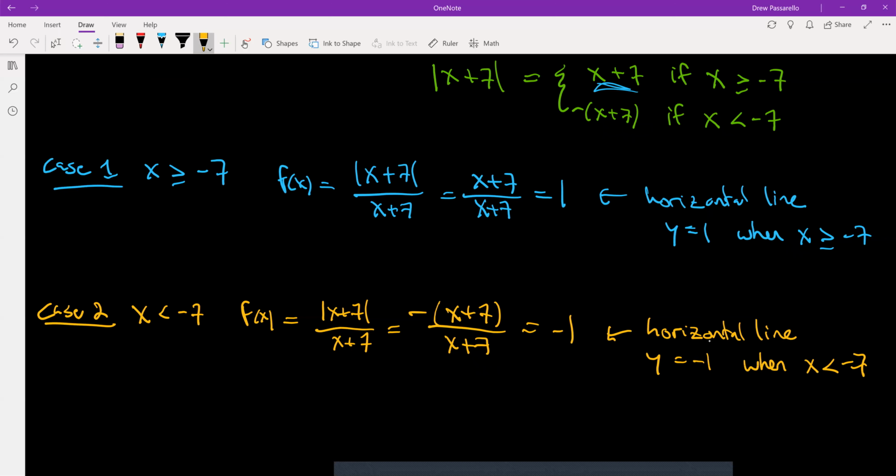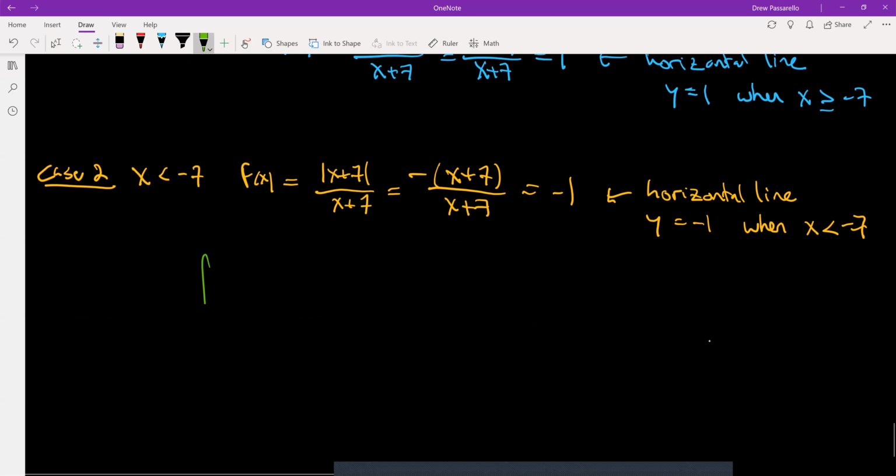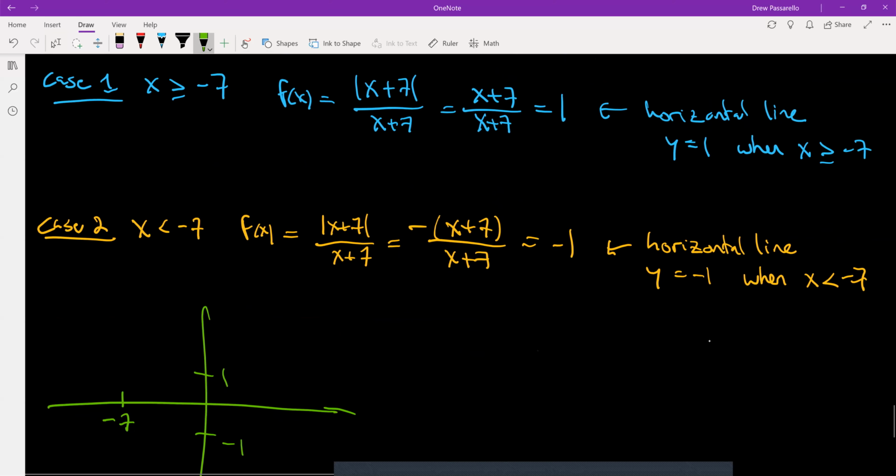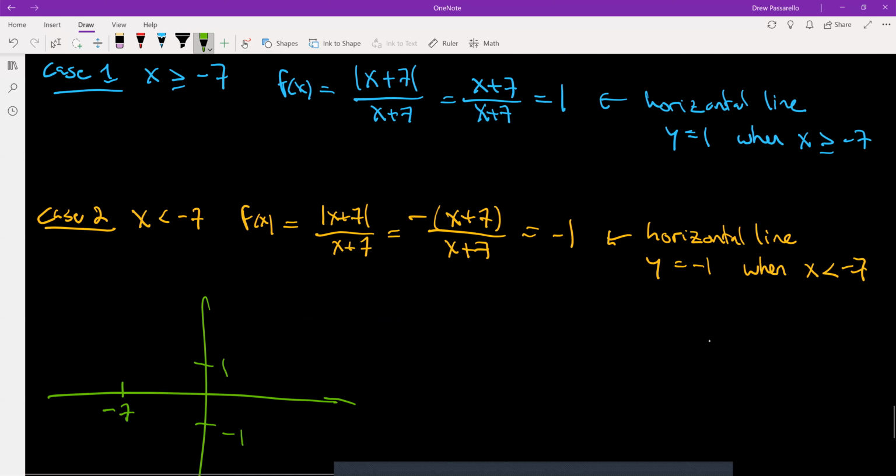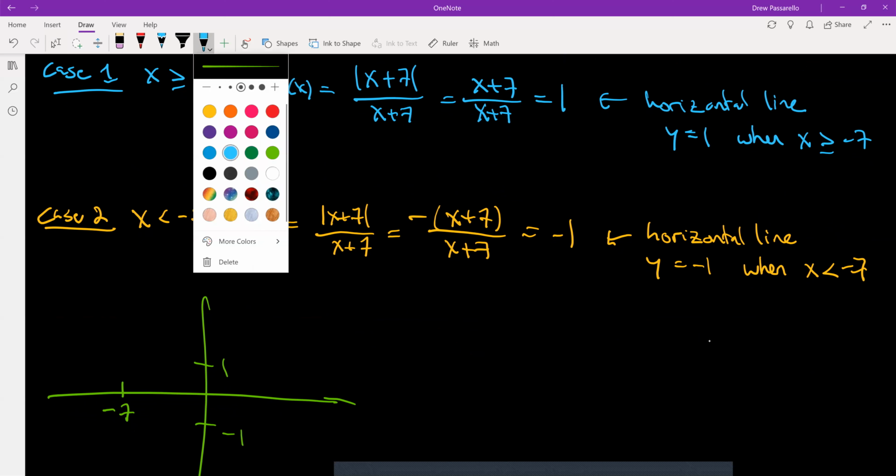All right, so now for the graph itself. Let's say -7 is right there, and I know there's 1 and -1. At -7, and then everything to the right of -7, I have a horizontal line where y equals 1.